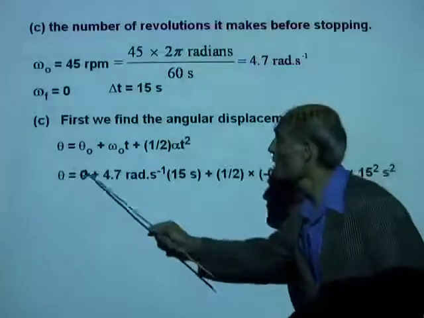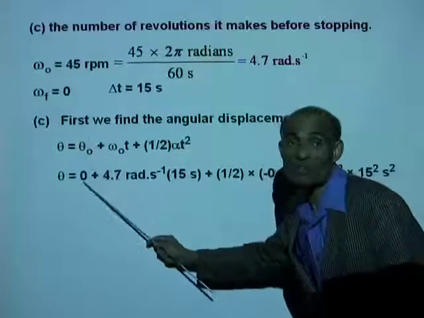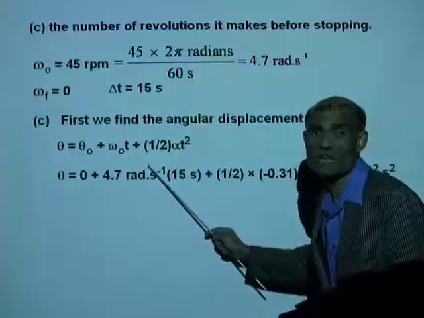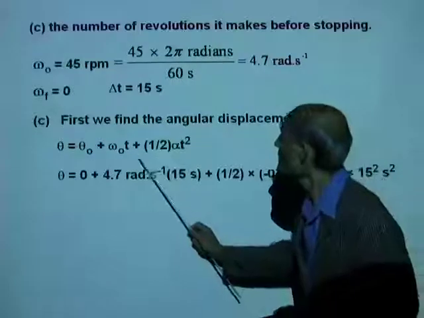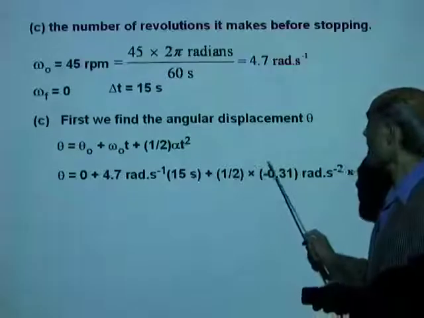Theta 0 is 0. Omega 0 is 4.7 radian per second times t, which is 15 seconds, plus 1/2 alpha.